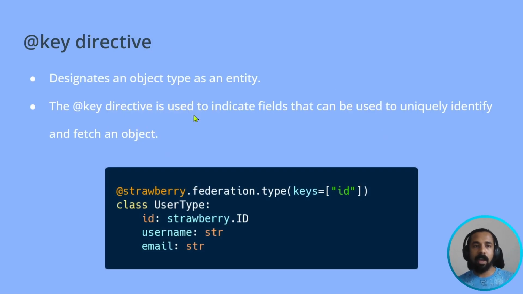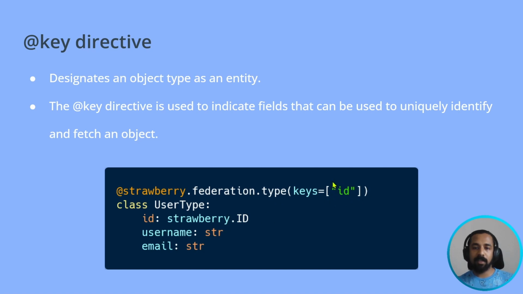Now we have a custom directive for federation. It's the key directive. It is used to designate an object type as an entity. Also, the key directive indicates fields that can be used to uniquely identify an object. Here, from the above example, we can see that we are decorating the user type using the strawberry federation type decorator, and we are specifying keys as ID.